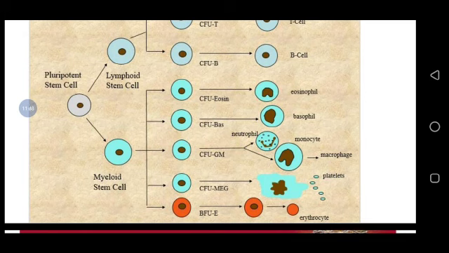Within 5 to 9 days, 5 to 7 days, within 24 hours and then up to 4 days, it has a nucleus, then the nucleus reduces, and then by 9 days or within 7 days the nucleus disappears, and you find the mature erythrocyte has no nucleus, it has only cytoplasm.